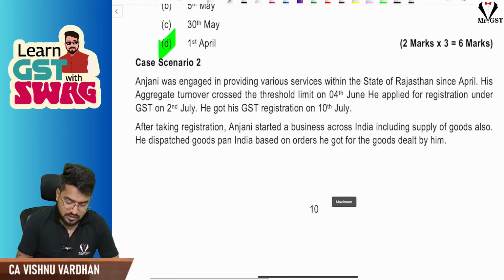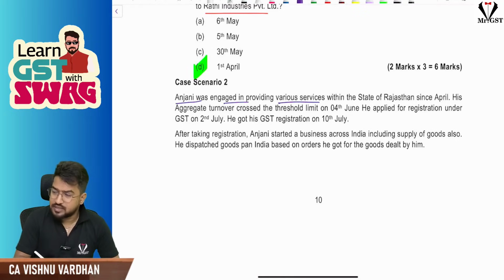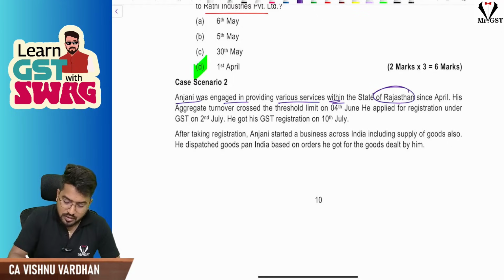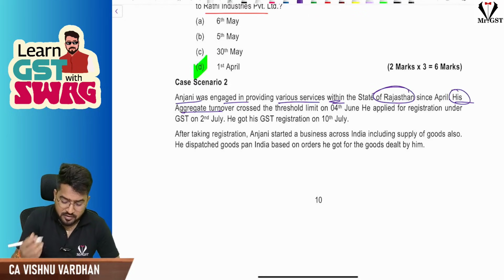Now coming to the case scenario. Sir, Anjani was engaged in providing various services within the state of Rajasthan. Within the state, that is important. His aggregate turnover crossed the threshold limit on 4th June.